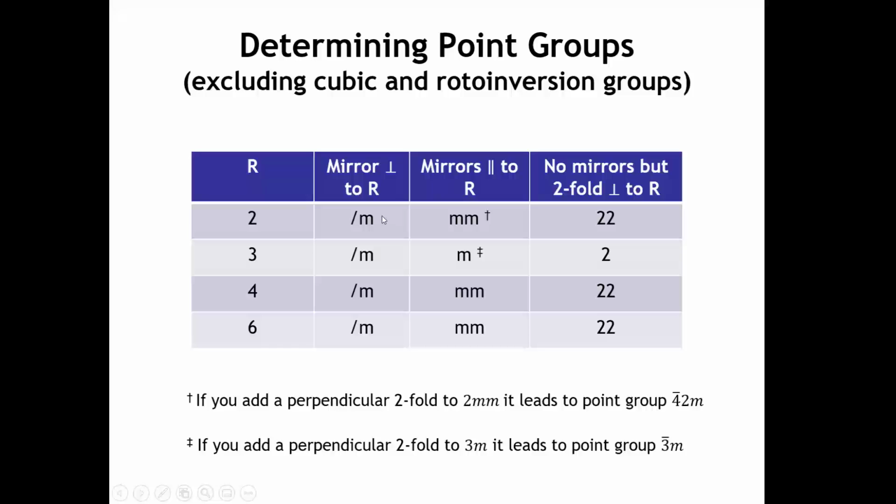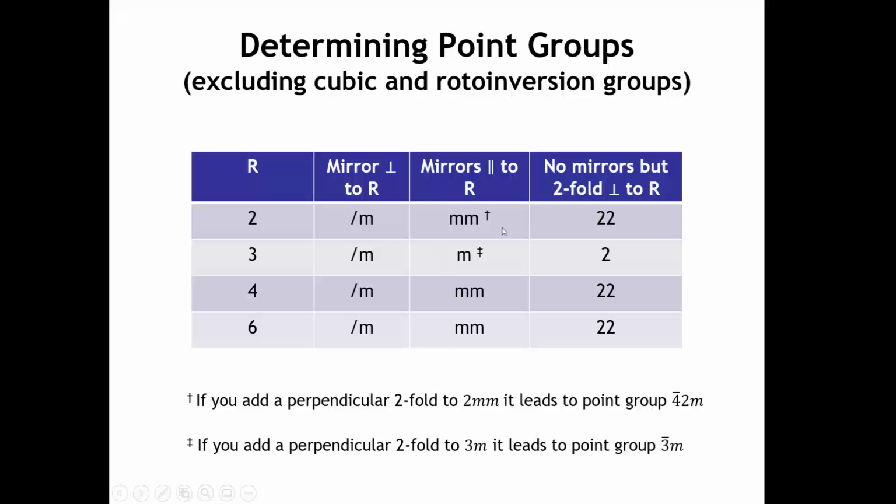Then we'll ask, is there a perpendicular mirror plane? Then we can ask, are there parallel mirror planes? And then finally, if there are not parallel mirror planes, we might say, are there 2-fold axes that are perpendicular to the primary rotation axis?